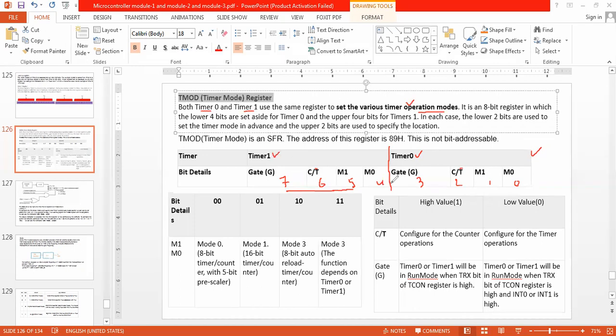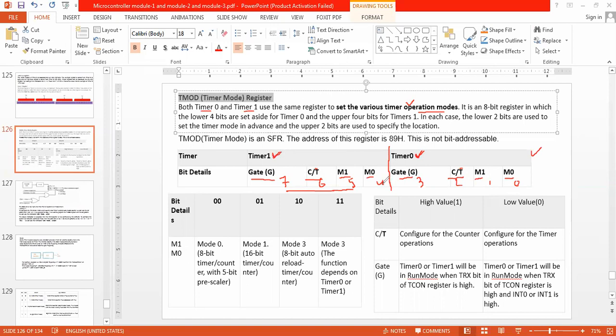So what are the bits we have? We have M0, M1, C/T bar, GATE, and similarly in the higher nibble, M0, M1, C/T bar, and GATE. This is used to set the operation mode for Timer 0, and these 4 bits are used to set the operation mode for Timer 1.